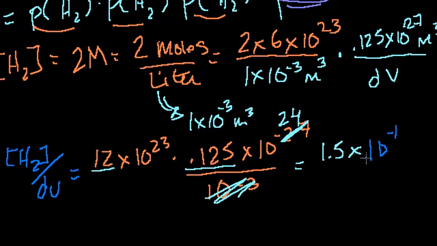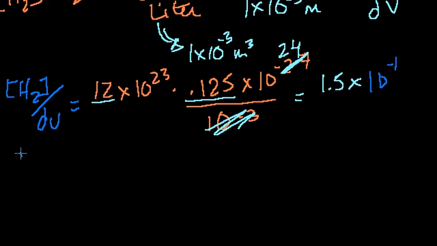Right? So it's just divided by 10. So your concentration of hydrogen on average in a little cube that's half a nanometer in each direction is equal to 0.15 molecules.